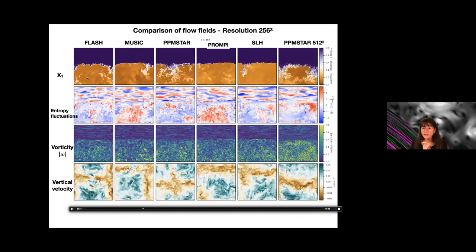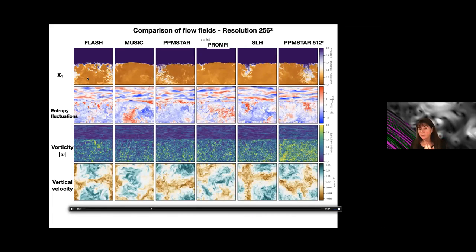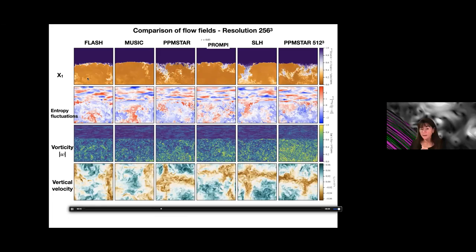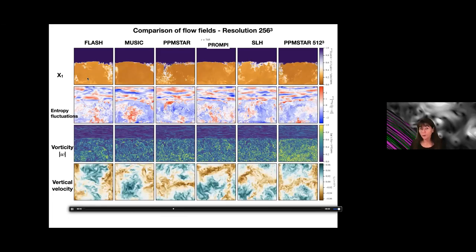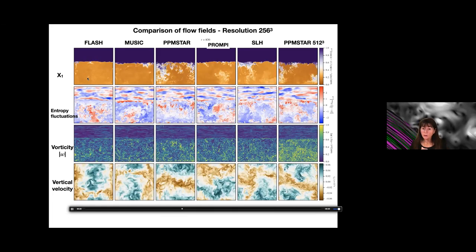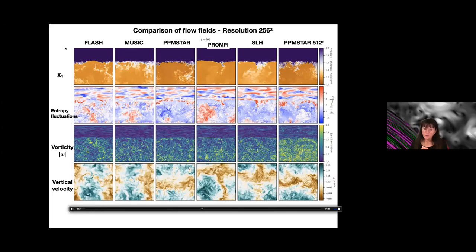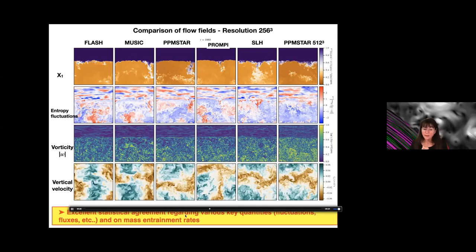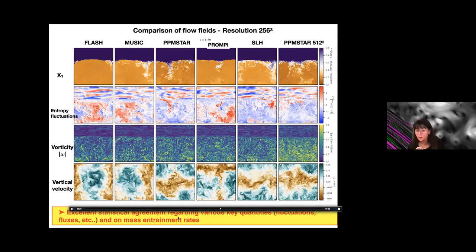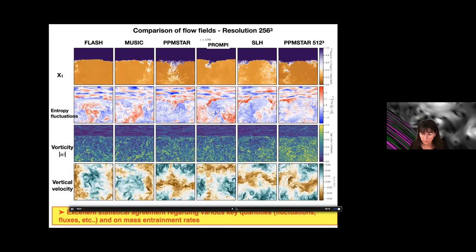And what you can see is that, of course, visually there are some differences due to the different codes with a different approach. But most importantly, and I think that's the main conclusion, there is an excellent statistical agreement. I will stop that.